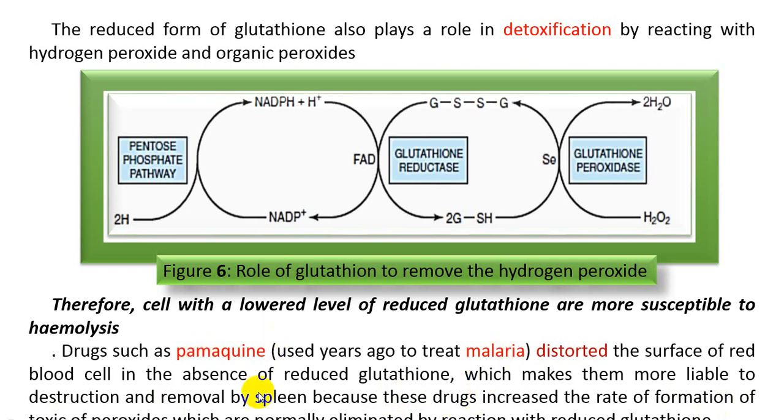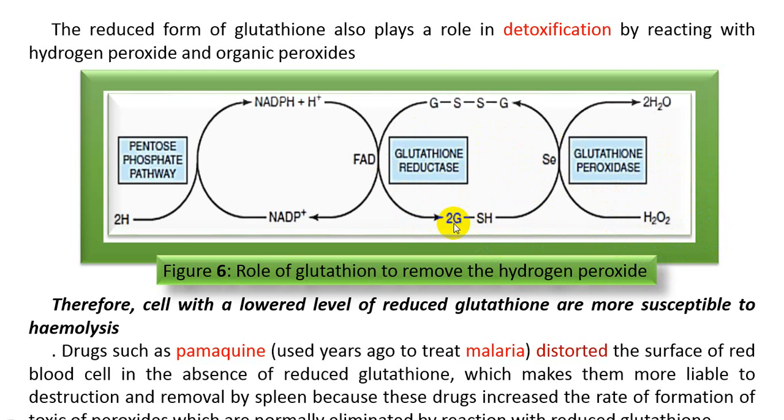Okay, now this medicine or drug will make the age of the RBC less than the normal age. Why? Because it will increase the rate of formation of the toxic peroxide, and according to this diagram, a lot of molecules of hydrogen peroxide or any organic peroxide will consume a lot of molecules of the reduced form of glutathione.